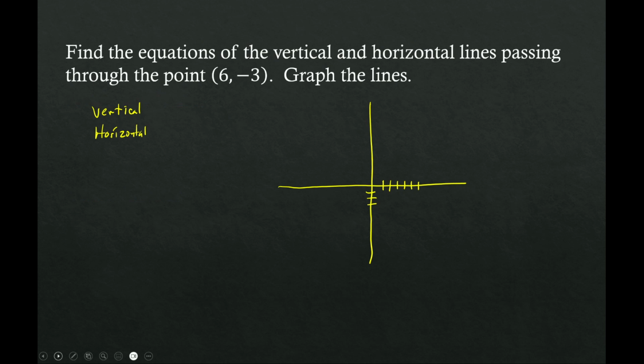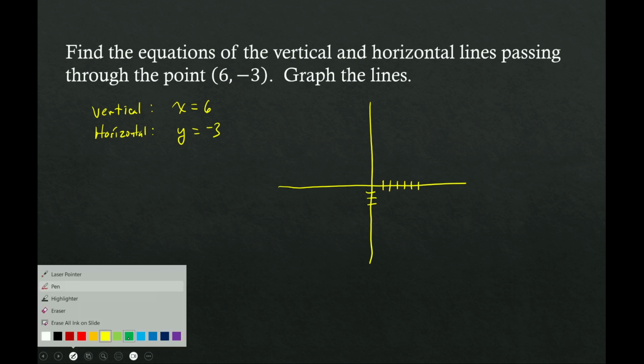So we want to find the equations of the vertical and horizontal line passing through the point 6, -3, and then we're going to graph the two lines. For the vertical line, we simply do x equals the x-coordinate 6. For the horizontal line, we'll do y equals the y-coordinate -3.